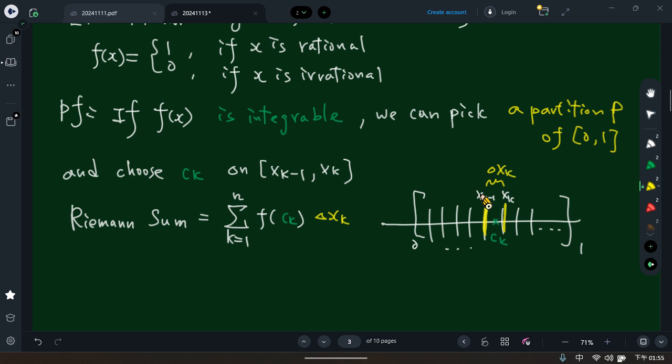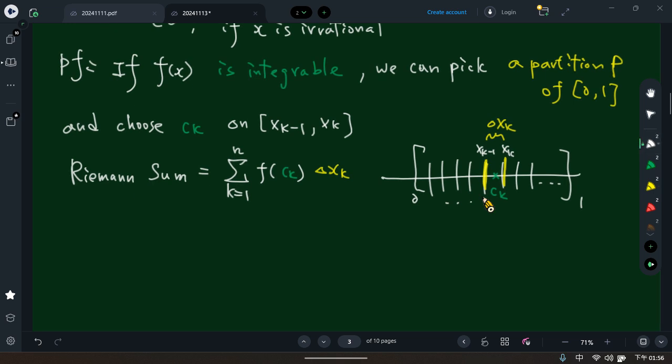So for each part, delta sk times the function value based on one point ck, f of ck times delta sk. Then we make a summation for all parts. Now we can get the Riemann sum, right? So the typical Riemann sum is just like this one.